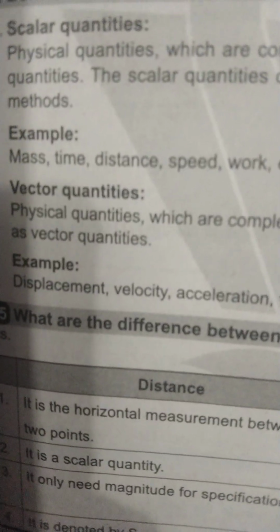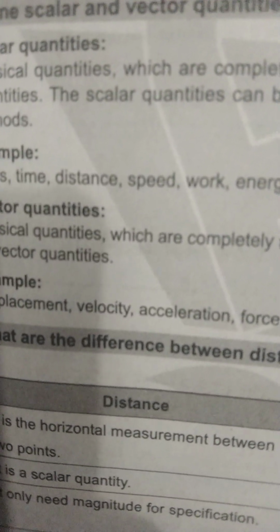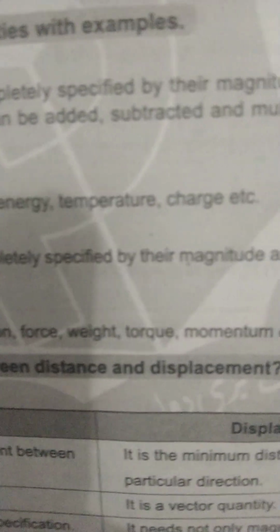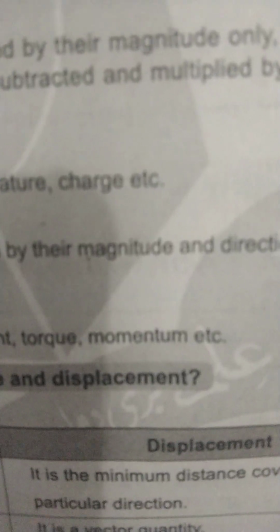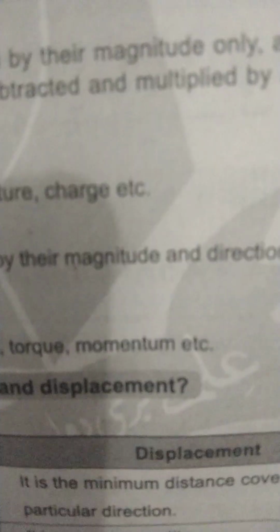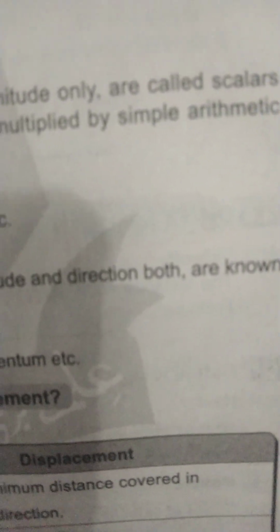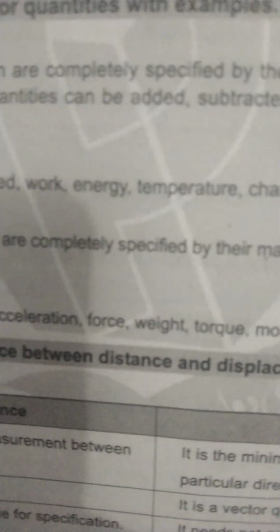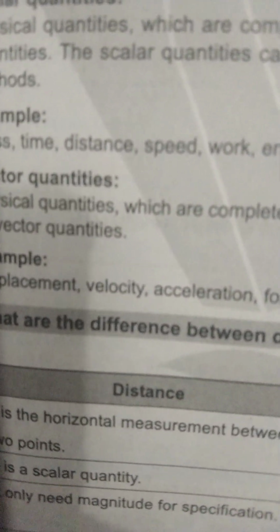Scalars are physical quantities which only require magnitude. They only have a magnitude, but what is missing? A direction. They don't have a direction. They have only magnitude, so they are called scalar quantities, and they are the most important ones related with kinematics.